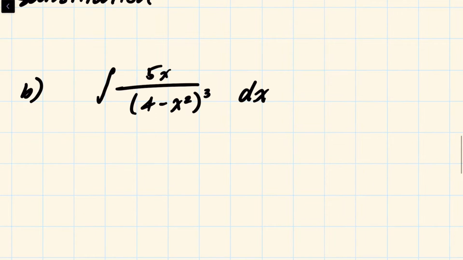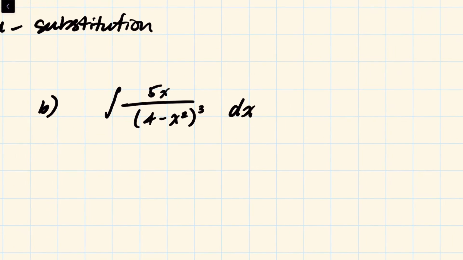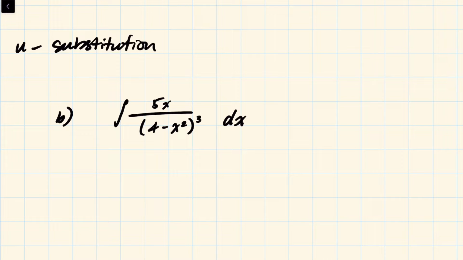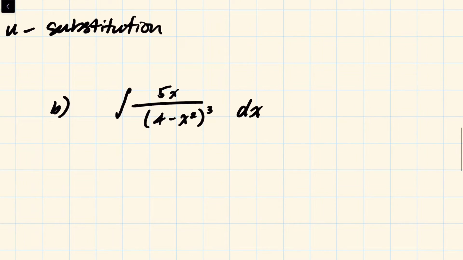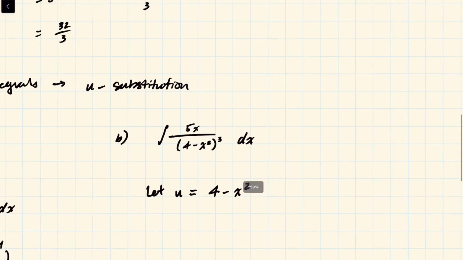So, taking a glance at it, you can pause the video and try to figure out for yourself what we would let u be, but I'm just going to give the answer now, and you'll see why it is this in a second. So we're going to say let u equal 4 minus x squared.